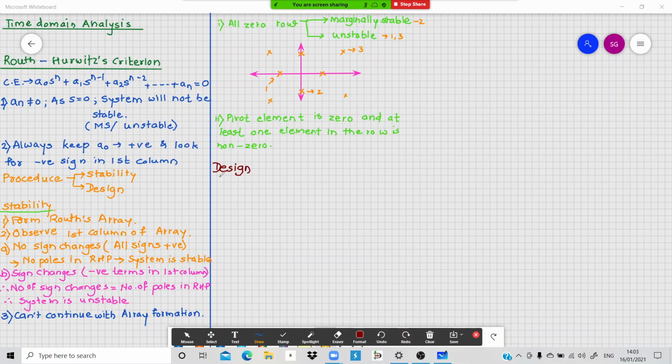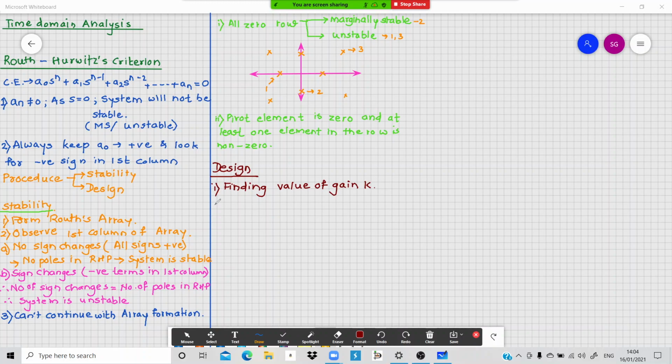When this design aspect is there, what we can do with this Routh-Hurwitz criterion is find the value of gain K. If you don't know the gain of the system, somewhere K is coming, which is the gain of your system, then you will be able to find this value, finding the value of gain K.